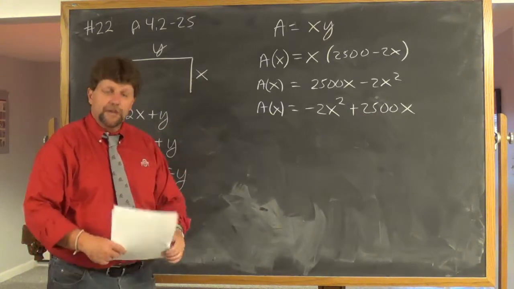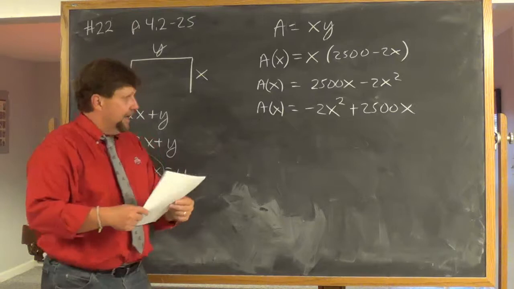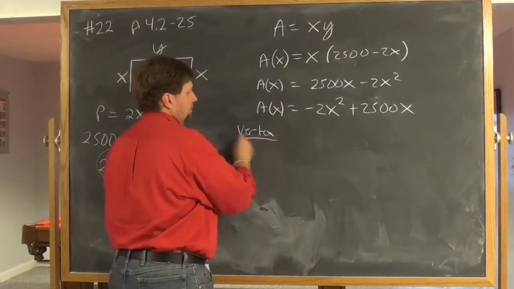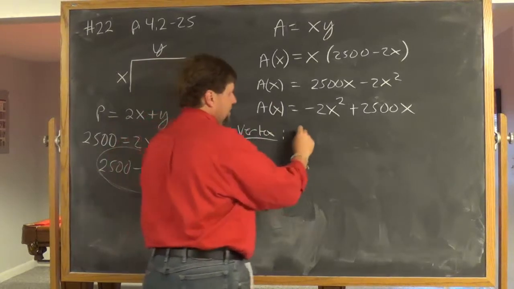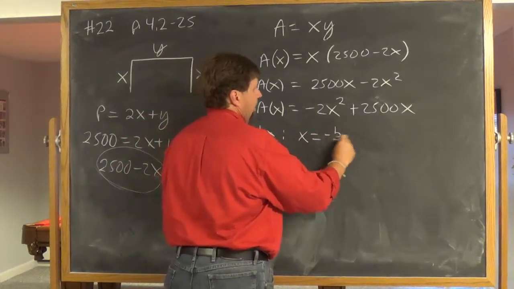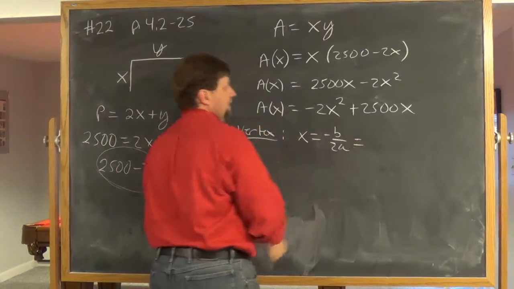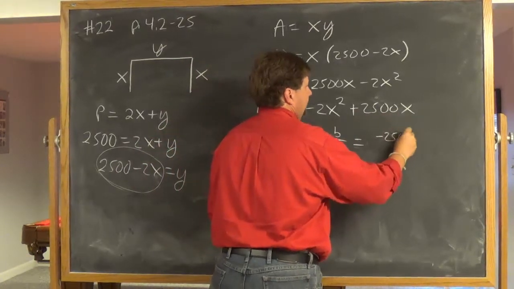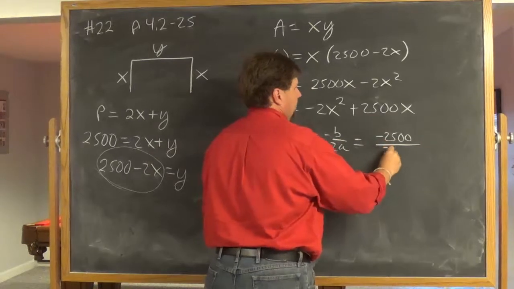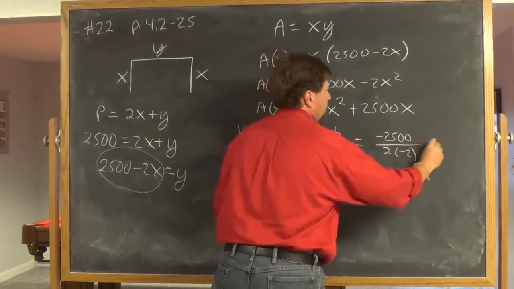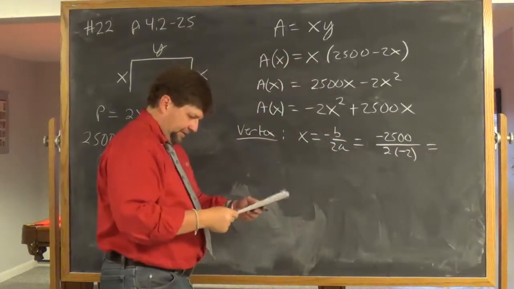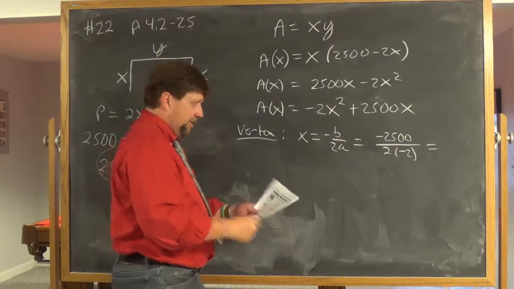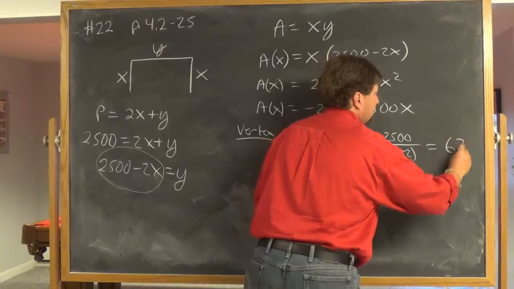And that's what we have to do here, is find the vertex. And if we find the vertex, x is negative b over 2a. So here b's 2500, so it's negative 2500 over 2 times negative 2. Negative 2500 divided by negative 4, you should get 625.